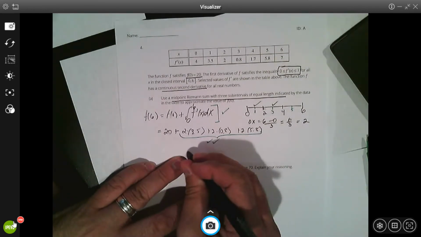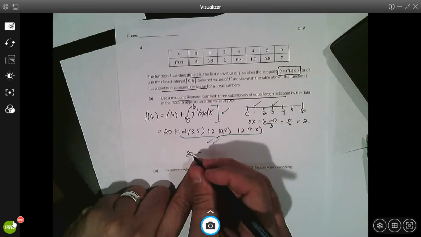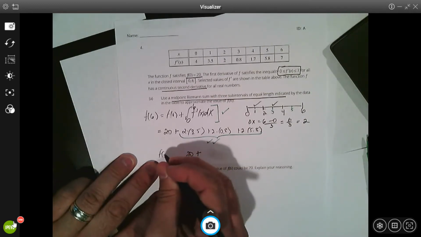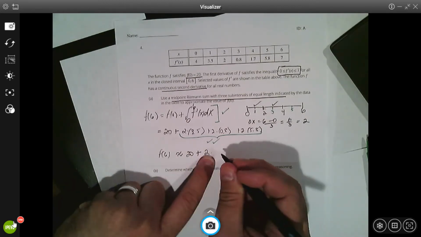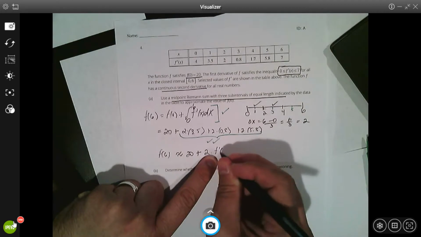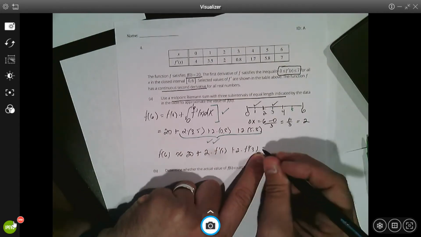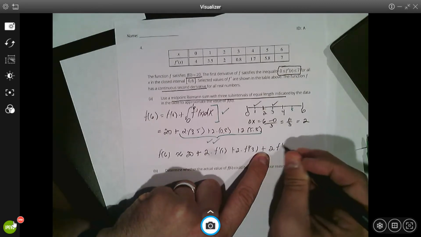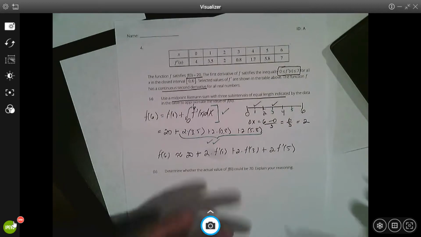Here's a quick example of what somebody might do that would require two steps. They might say, okay, f of 6 is approximately the initial condition plus 2 times the value of the derivative at 1, plus 2 times the value of the derivative at 3, plus 2 times the value of the derivative at 5.